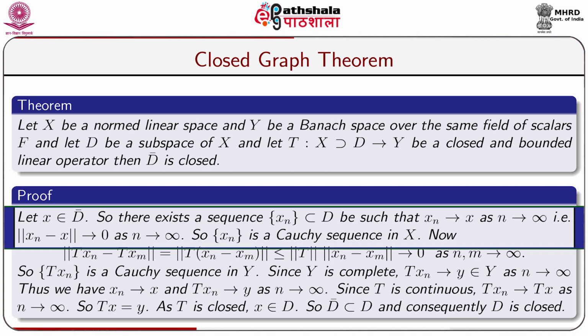Let x belong to D bar. So there exists a sequence xn taken from D such that xn goes to x as n tends to infinity.